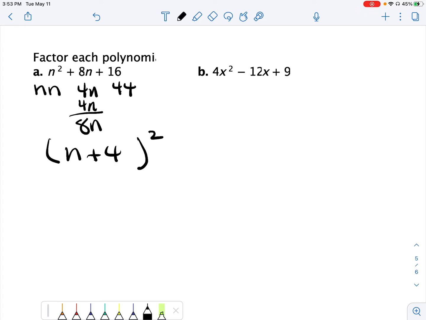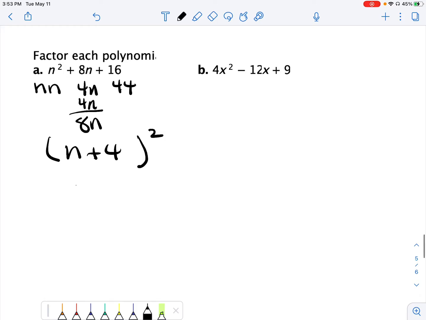Now, this one, for A, you can also go back to the traditional diamond method. That works too, right? It's just kind of a shortcut for you to see that you can factor it if you recognize it. Now, doing the diamond problem on B gets to be a little bit more extensive. That's why I want you to recognize it as a perfect square trinomial.